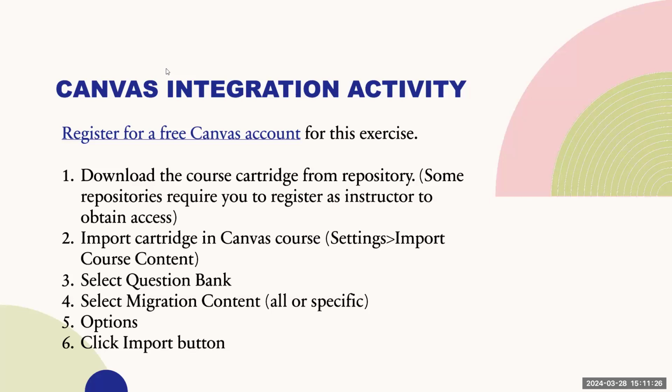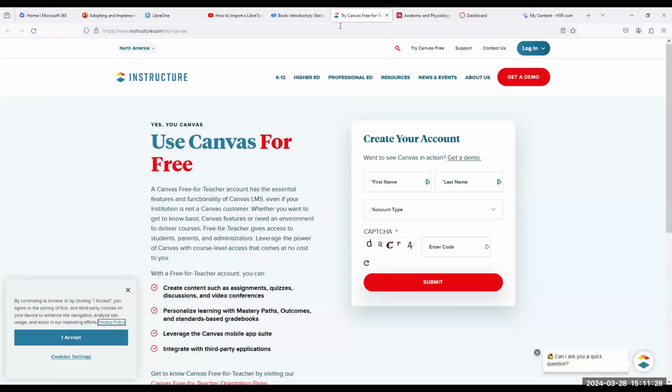Let's get out of the presentation. At instructure.com/try Canvas, you'll simply set up an account, and the account type that you're going to be asking for is a teacher account. And then it'll send you the usual business about validating the account through the email that you used.